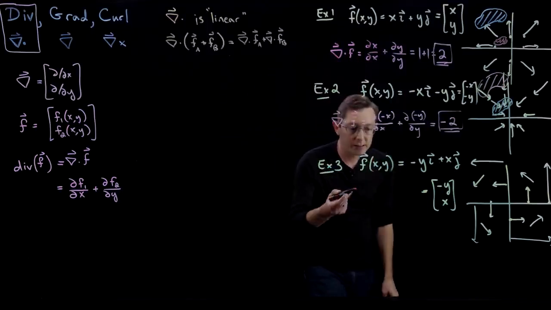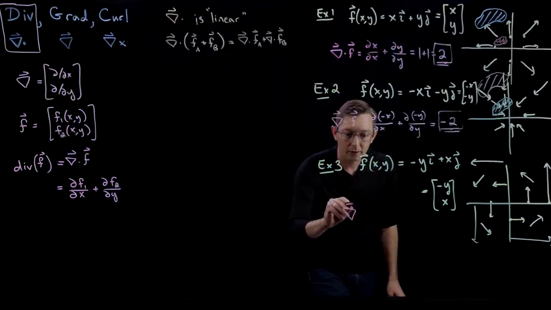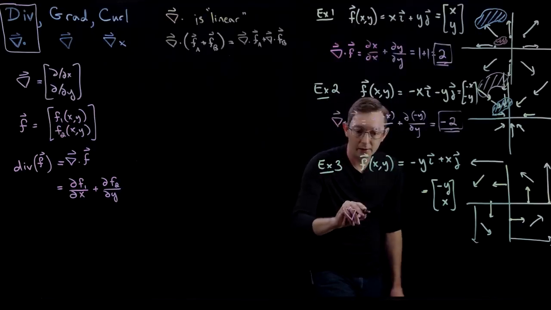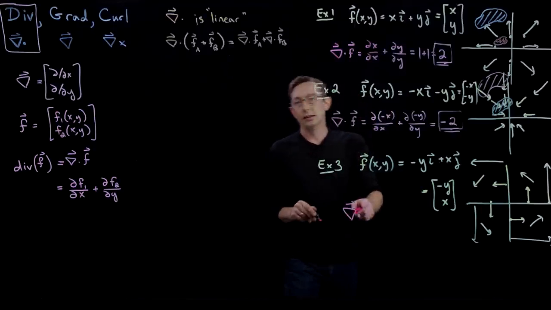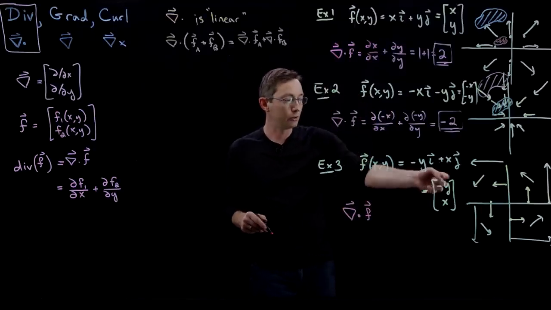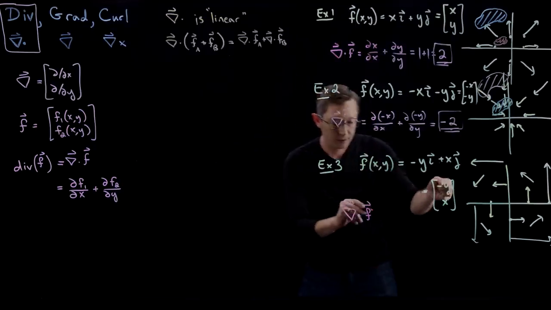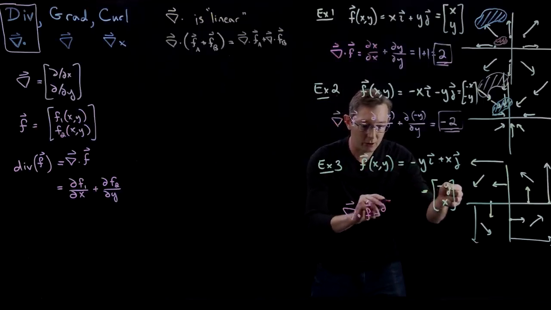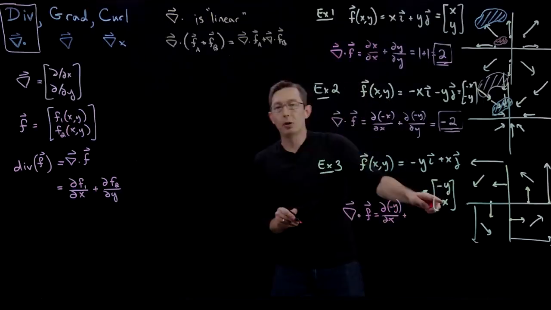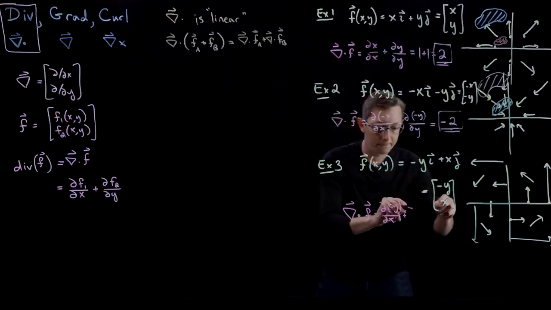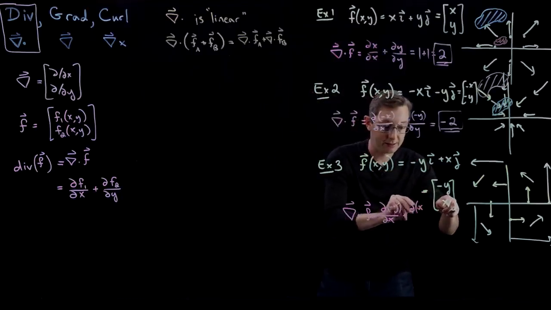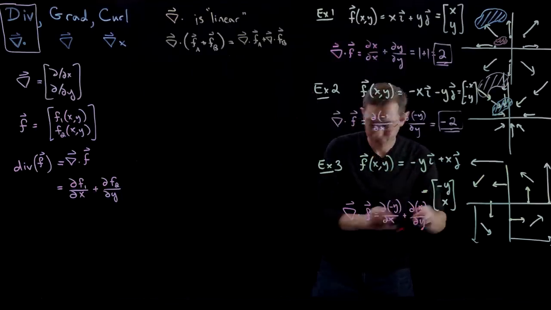Okay, so the divergence of f is equal to partial f1 partial x, so that is partial of -y with respect to x, plus partial f2, which is x, with respect to y.